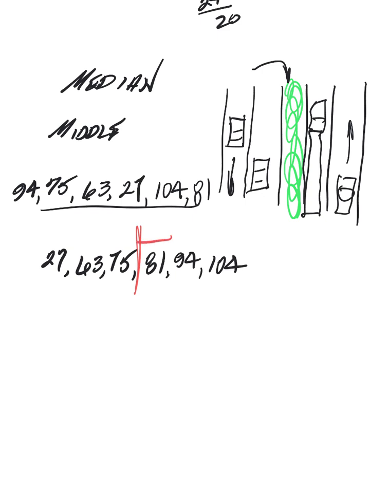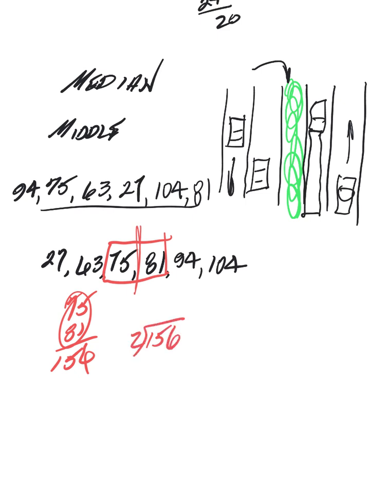So what do we do? We take these 2 scores, add them up, and then divide them by 2. And that 78 is the median. So when you have an odd number of scores, you just take the middle one.